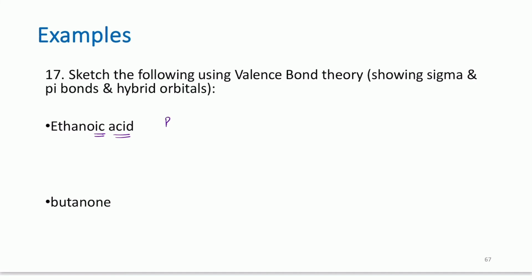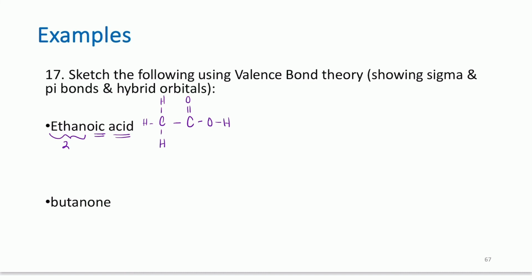I know that oic acid means that I have an R group attached to a carbon, which is bonded to an OH and double bonded to an O. But this tells me I have 2 carbons total, which means that this R must be a carbon, and I'm going to give that carbon enough hydrogens to make it neutral, meaning 0 formal charge, giving it 4 bonds. This is my structure of ethanoic acid.